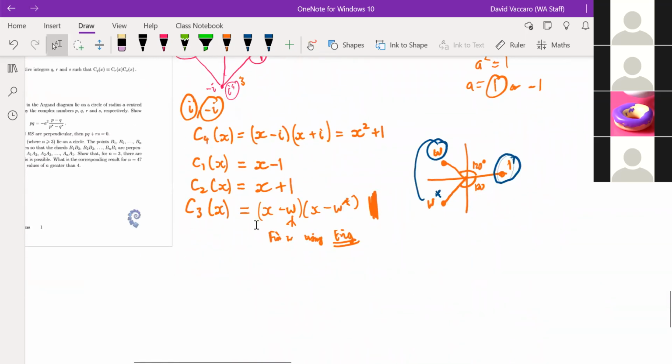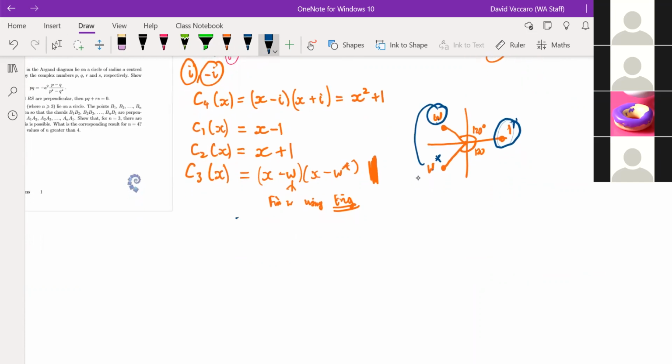So one way of finding this polynomial, x minus omega, x minus omega star, would be to use trig, but there's another way. Can someone give me a very simple polynomial that is satisfied by 1, omega and omega star? Well, we know that 1, omega and omega star satisfy x cubed equals 1, which means they satisfy x cubed minus 1 equals 0.